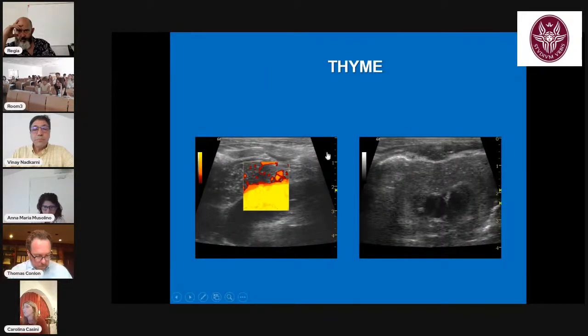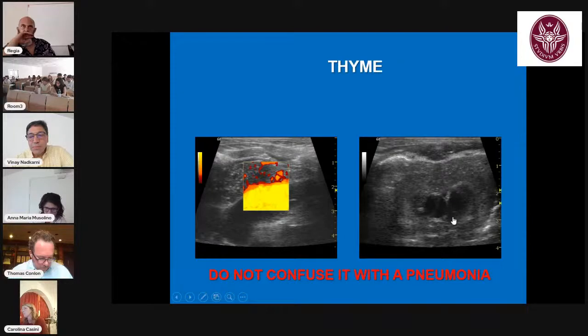Another finding that we can meet when we scan the thorax of a boy or a girl, of a child, is the thymus. The thymus is not to be confused with a pneumonia, because it has a similar echogenic presentation, but it's important to localize it anatomically to see that it is on the big vessels.